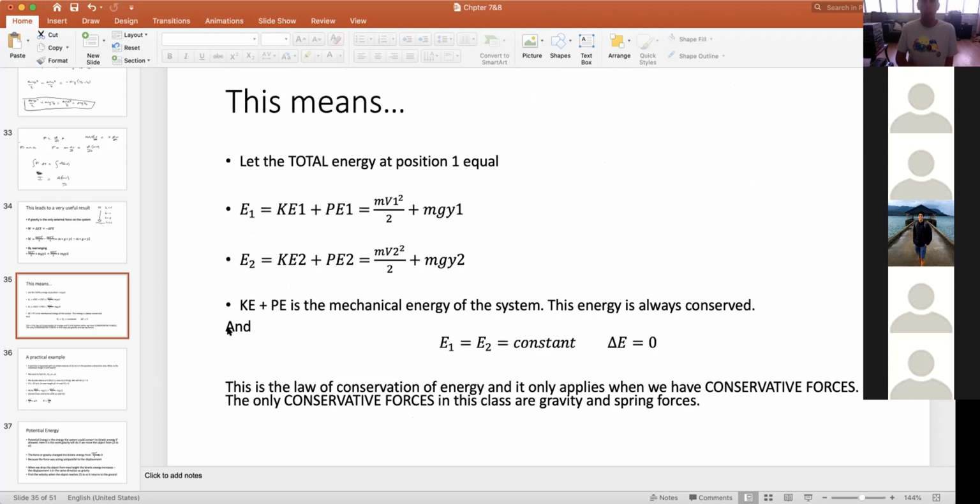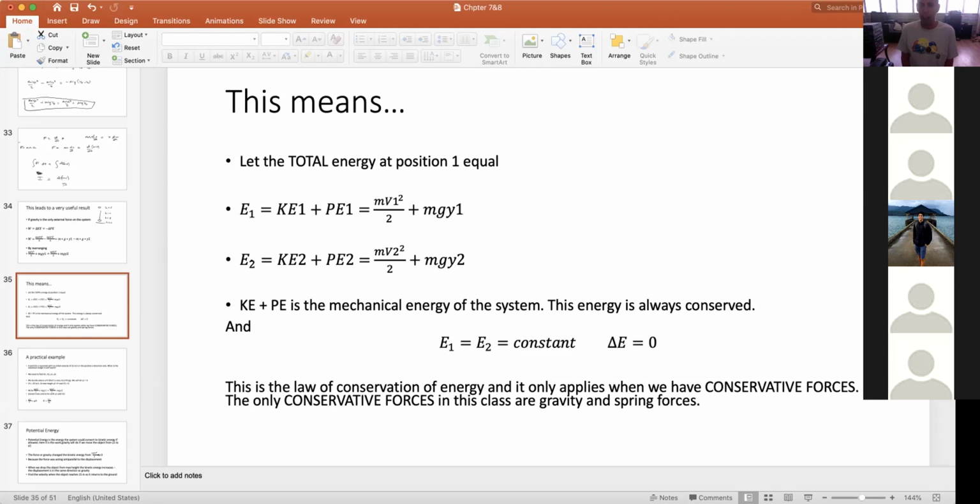So we say that K, the kinetic energy, and the potential energy at any time is something called the mechanical energy. If the potential energy only depends on gravity, which obviously is the only thing we have, then mechanical energy is always conserved. And that means that E1 is equal to E2.